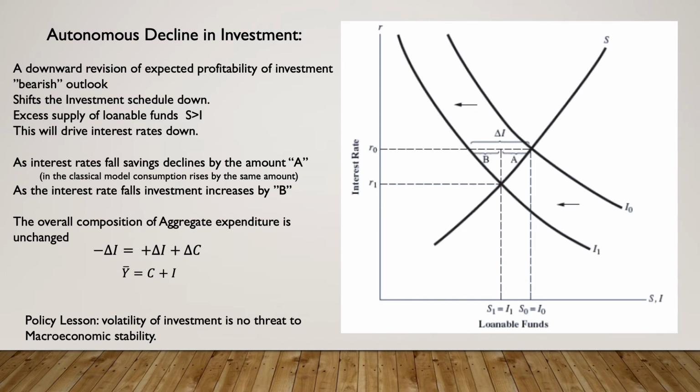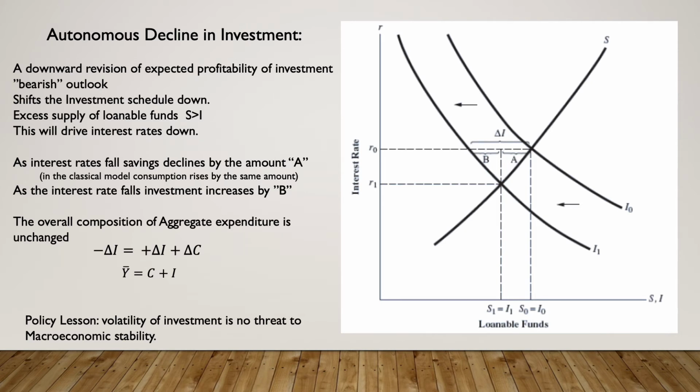Now comes the shock. There is a downward revision of expected profitability of investment. We've seen pessimism or a bearish outlook in the market. How will this influence our loanable funds market? Well, this is a change in expectations, particularly business expectations, and it's a negative shock to business expectations. So the investment demand schedule will shift down or leftward, they're equivalent.